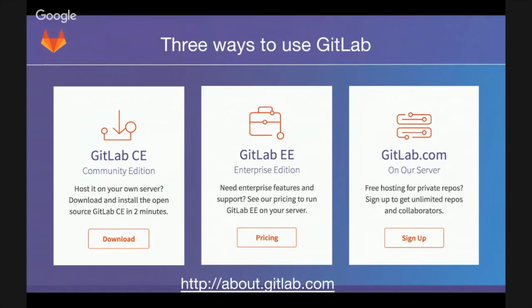GitLab.com is our free SaaS version that offers free public and private repositories. And again, since GitLab is an integrated solution to code, test, and deploy together, all of these products have continuous integration built right in. If you're interested in learning more, feel free to visit our website about.gitlab.com.